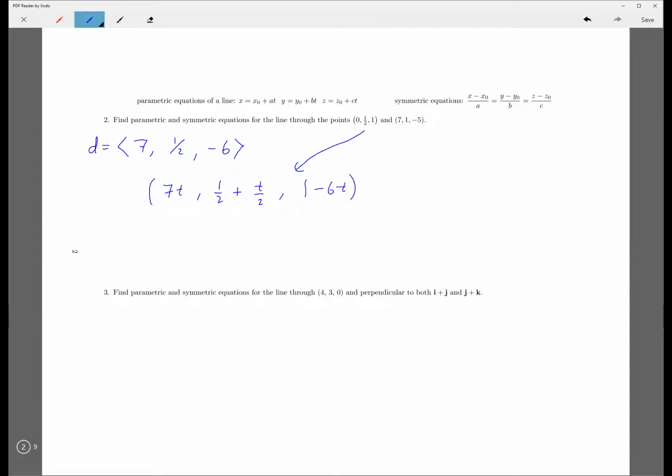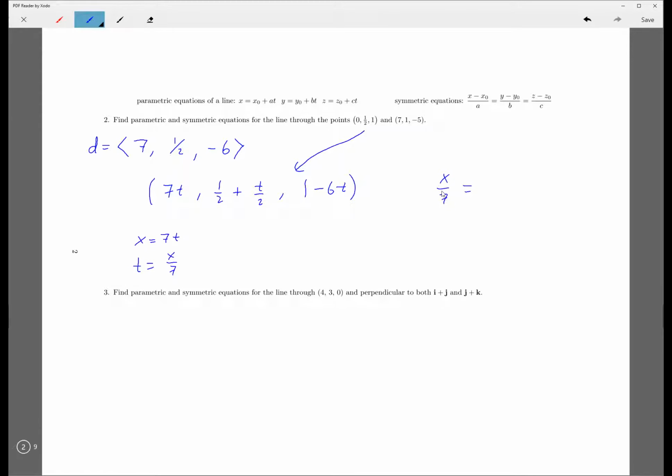Okay, so my Webassign says that's correct. And then for the second part, you basically just want to take each of these. So this first one is x equals 7t, and solve for t. So that would be x/7. So the first one's going to be x/7 equals. That should be how it starts out.